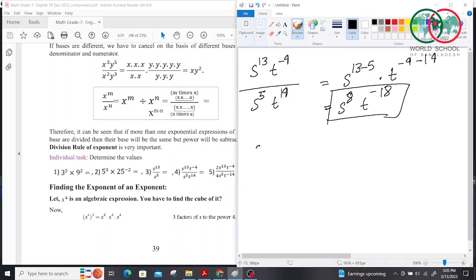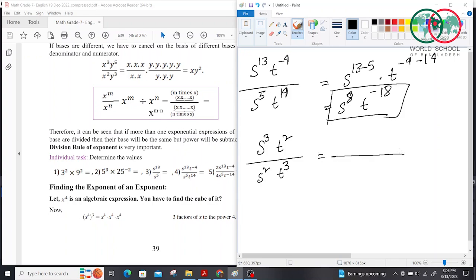Let me write another example: s cube t square divided by s square t cube.